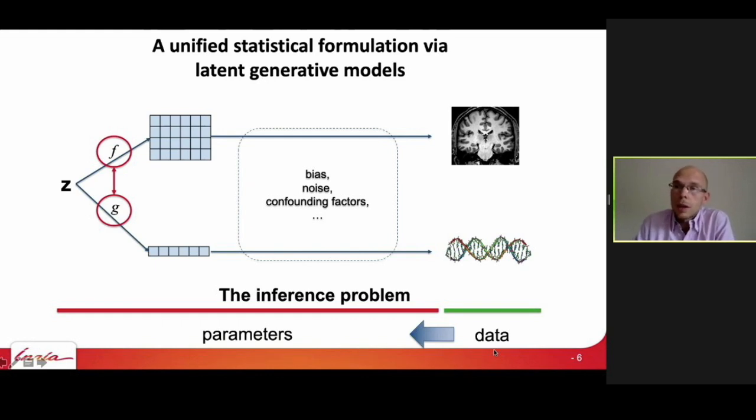Knowing this generative process, we have a complete description of all the variability of the data, which can be used for analysis, for inferring features and characteristics related to pathologies and so on. Ultimately, in our analysis, we want to solve the inference problem, inferring all the parameters of this generative model, given the data.